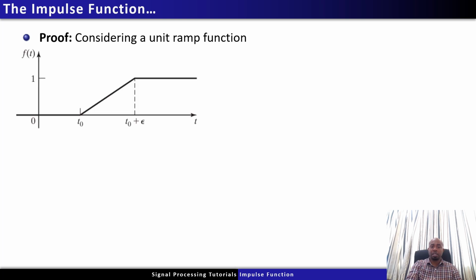So let's start from a ramp function. Consider a ramp which rises from 0 to a set value of 1 as time increases from t naught to t naught plus epsilon.